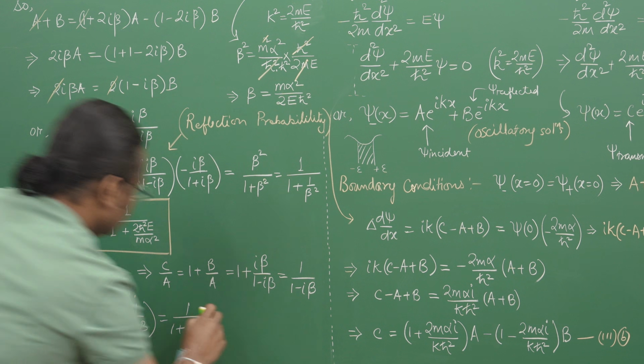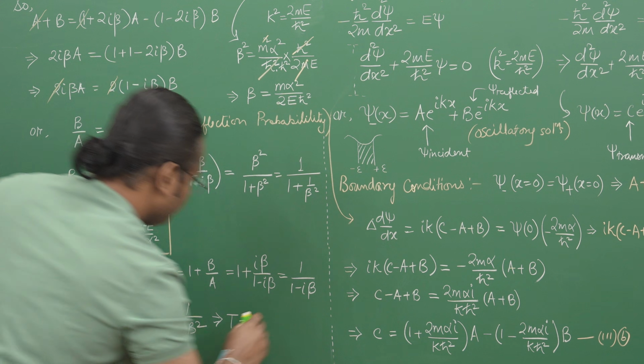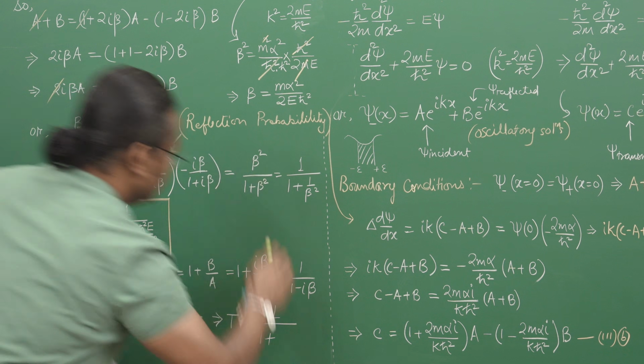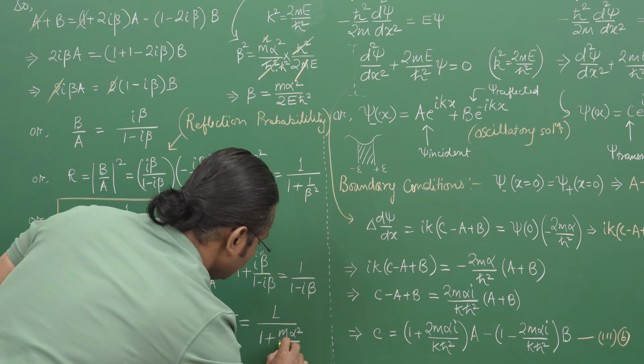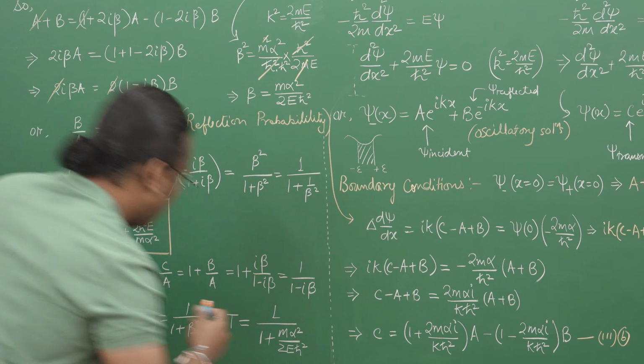Therefore, the transmission probability is equal to 1 plus 1 upon 1 plus beta square, where beta square is m alpha square upon 2e h cross square. There you have it.